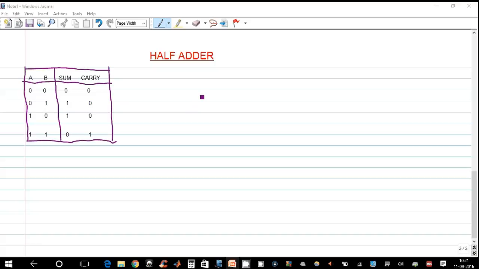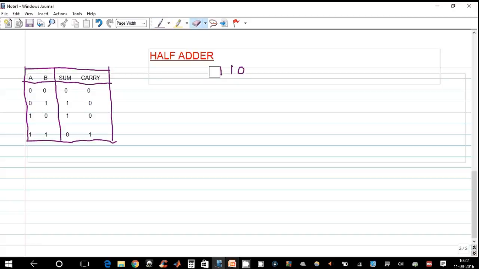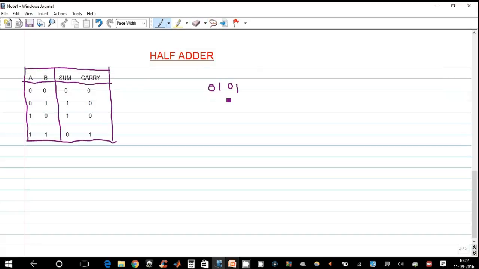Let's say we are adding two numbers of each 4 bits. Let the numbers be 5, so in binary it is 0, 1, 0, 1, and let's say we are adding 5 with 6, 0, 1, 1, 0.